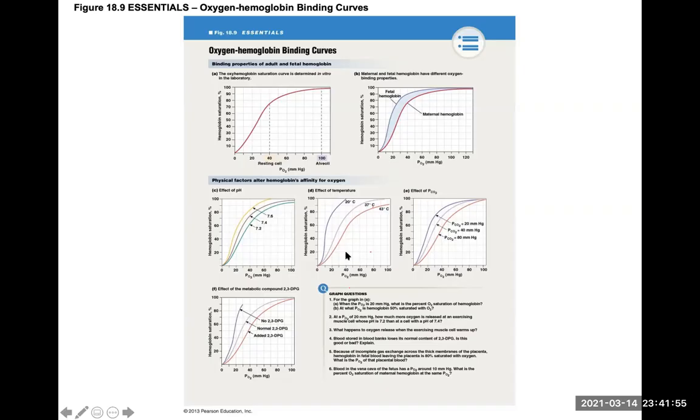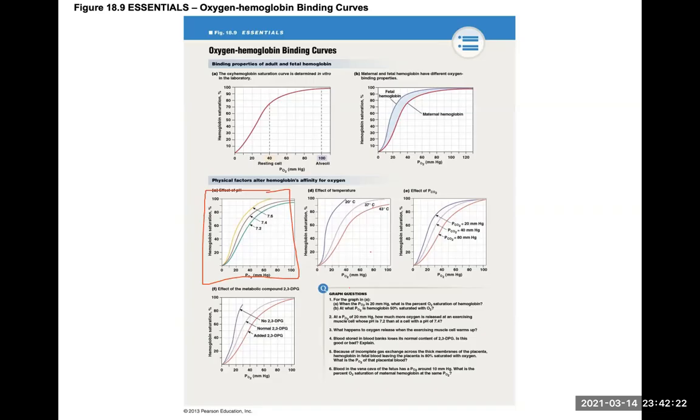Three of them go together hand in hand. When you increase temperature, when you increase the partial pressure of CO2, and when you increase the 2,3-DPG, you're going to have a decrease in pH. So if you notice here, the outlier is the pH.